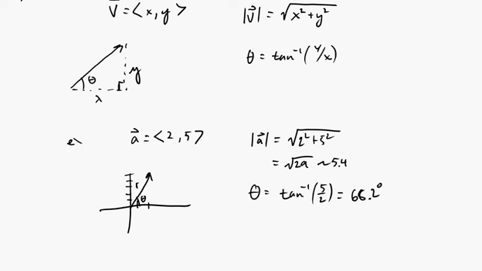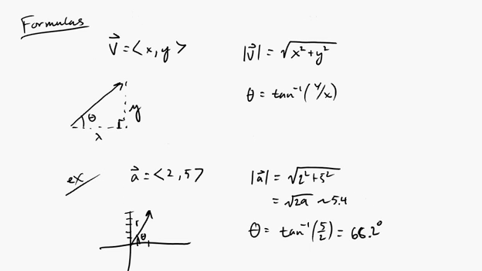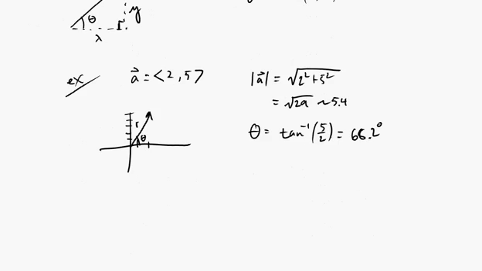So that's just an example with numbers, but these are the formulas for converting. If you have the vector components and you need to figure out the magnitude and the angle. Now there is another set of formulas if you want to go the other direction.